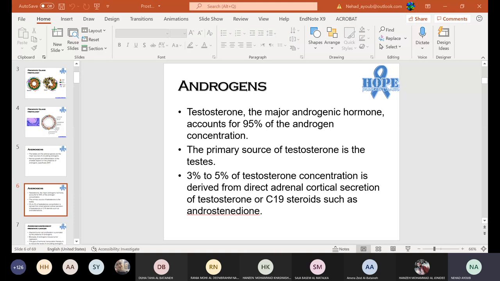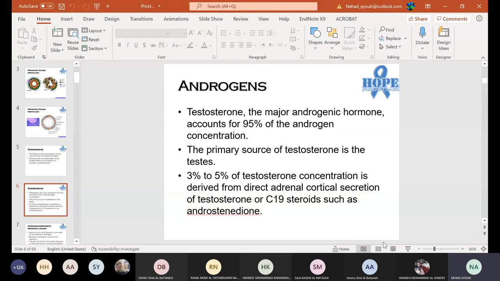So when we talk about treating androgen-dependent prostate cancer, the most important group is hormonal therapy, or hormonal treatments, with the goal of stopping the effect of the hormone to stop the growth of the cancer. Why? Because the cancer is hormone dependent.